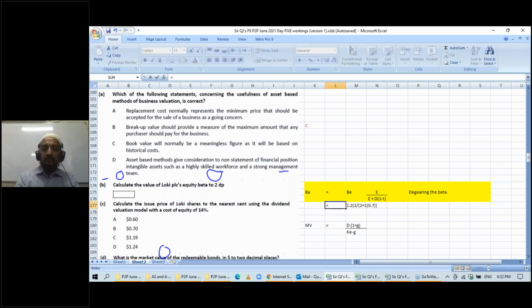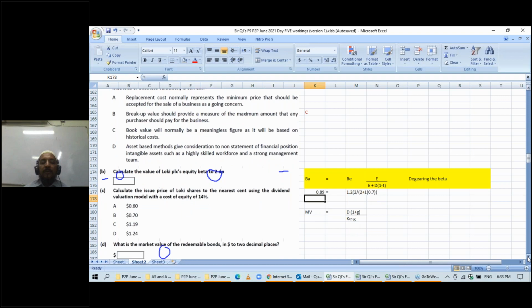And this gives you a beta of 0.89. So the value of beta decreases because of the elimination of the financial risk. Okay. So if a beta is to be calculated for Loki, which is ungeared, I have ungeared the beta of the proxy company. Now moving on to the requirement C.